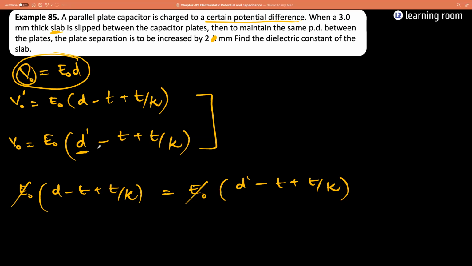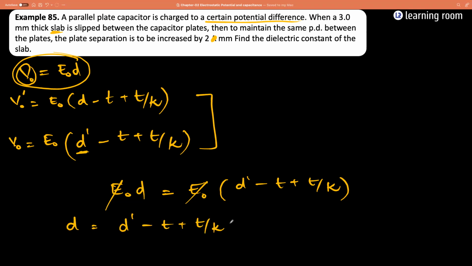So I should not equate the second and the third values. Rather, I should equate the first and the third value. So E naught into D. Now what I'll have is D is equal to D dash minus T plus T by kappa.